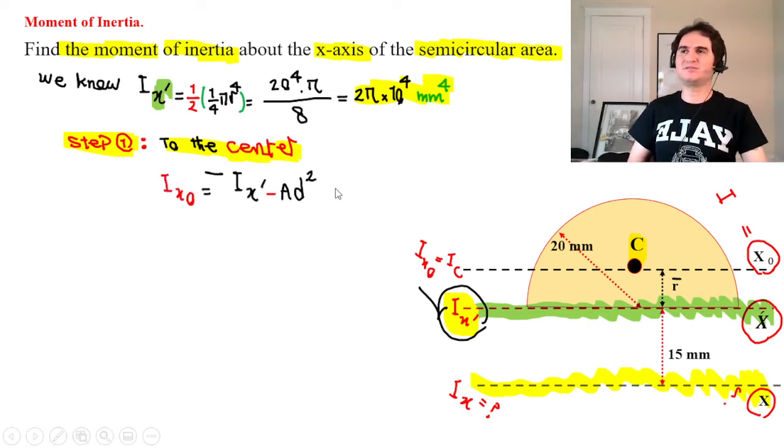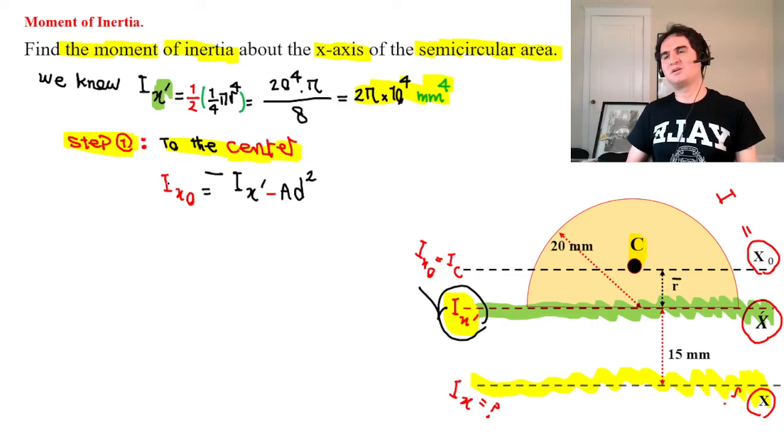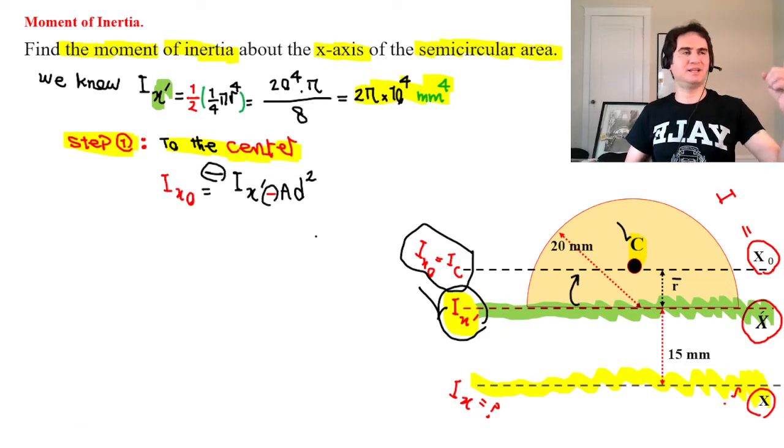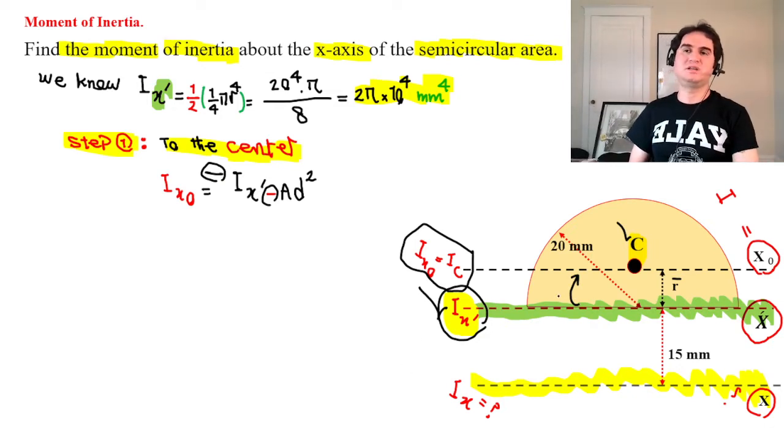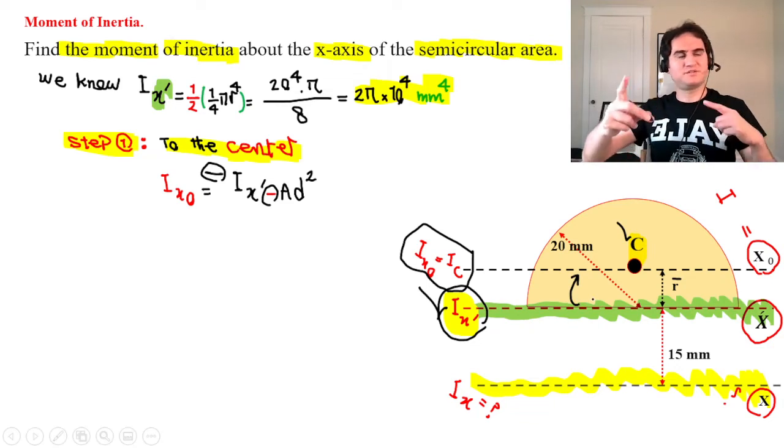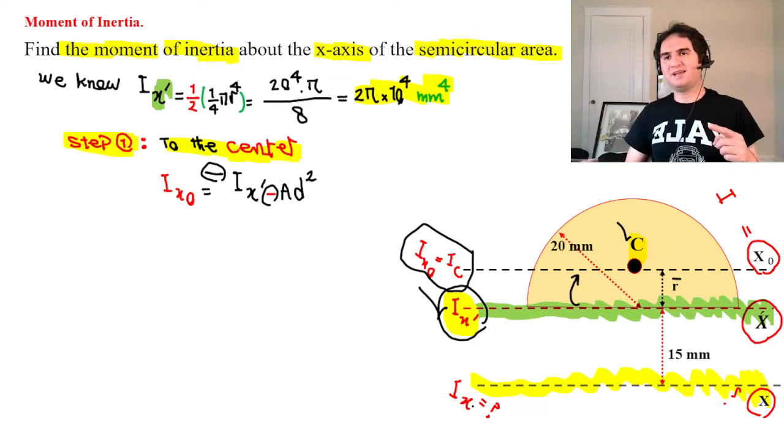So let's see how that works. Ix naught, or I center for centroid, is Ix prime. Going home from any other axis is accompanied by a negative. To the center, a negative. From center, a positive.